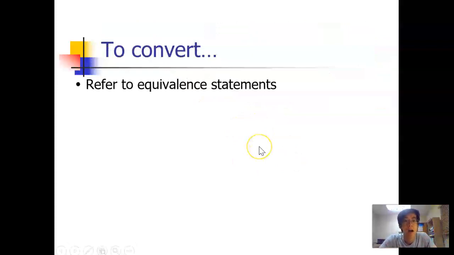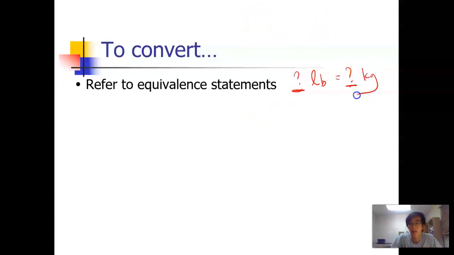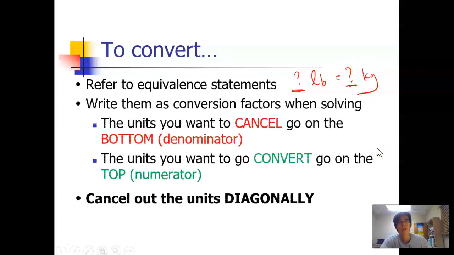Alright, so to convert, there are a couple things you want to look for in certain patterns. We want to refer to equivalent statements, okay? So that is when I know whether there's something in pounds, right? How many pounds of something is equal to the same amount in kilograms? And then I want to write them as conversion factors, those ratios, right?